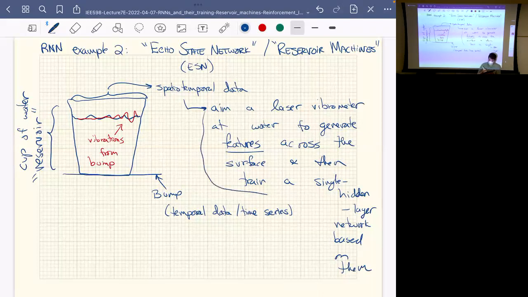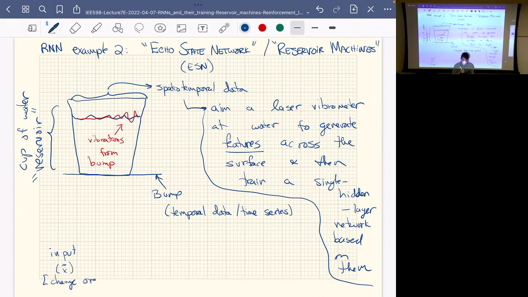So this is the basic idea behind an echo state machine. I'll make this a little more specific to neural networks in a second, but the idea here is I have an input, whatever my X input is, which may change over time. So I'm looking for patterns over time.